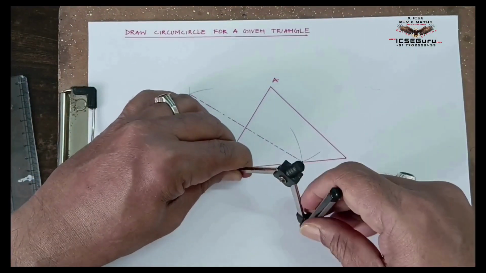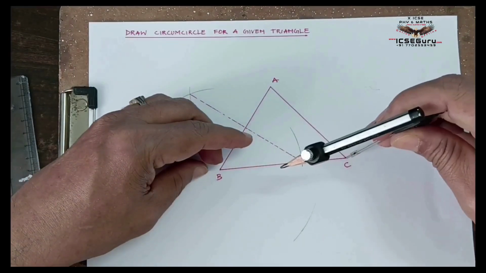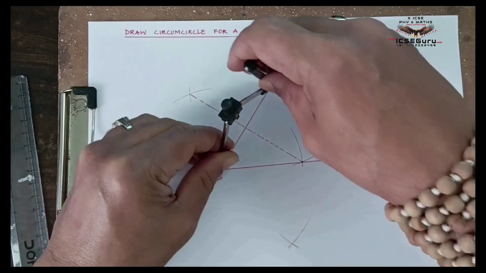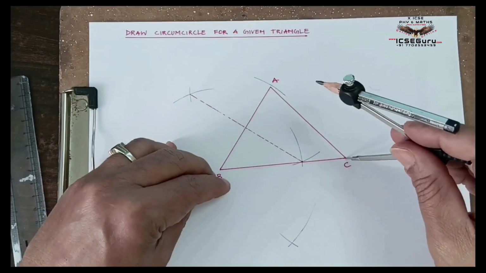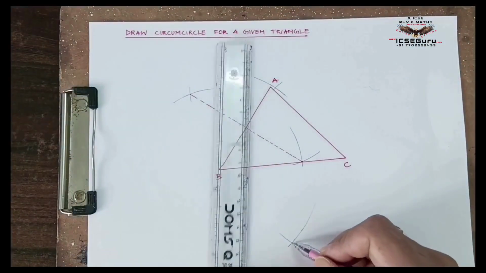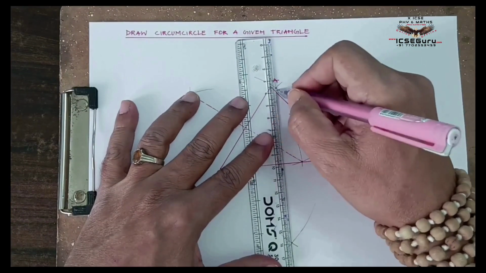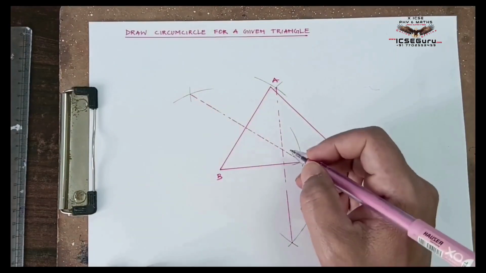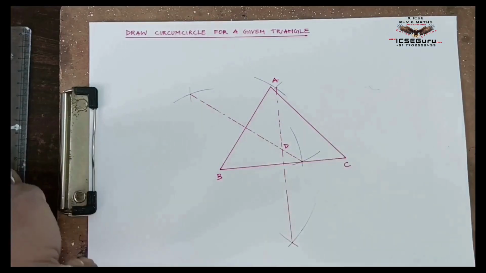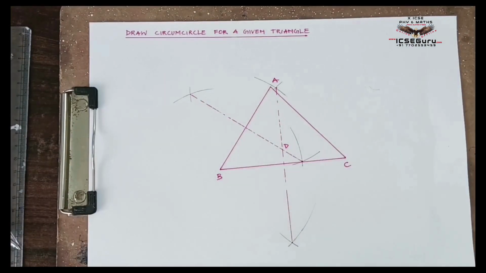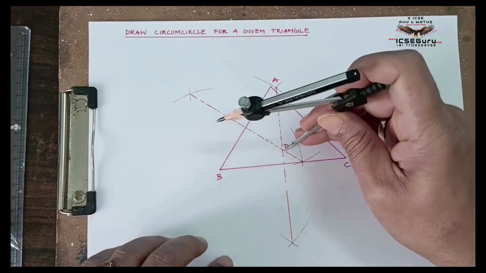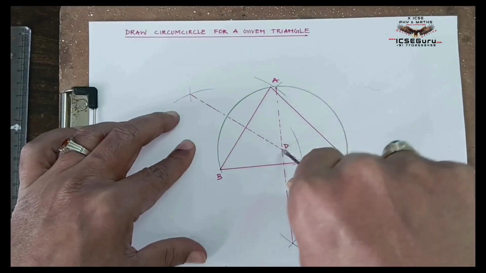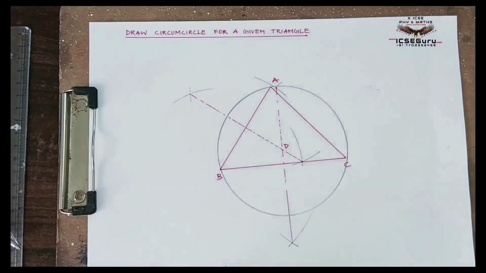Now draw similarly the bisector of side BC. Let the two bisectors meet at a point D. With D as center and DB as radius, draw the circle which is the circumcircle to the triangle.